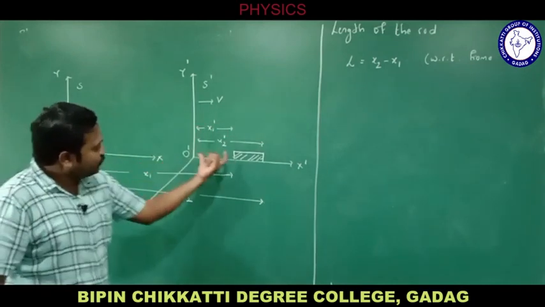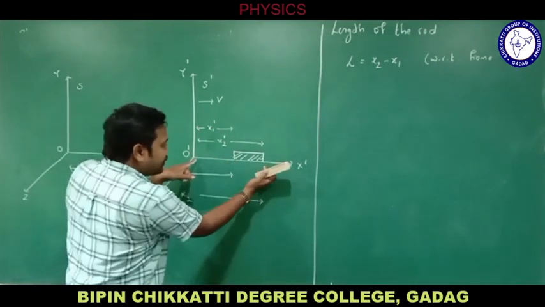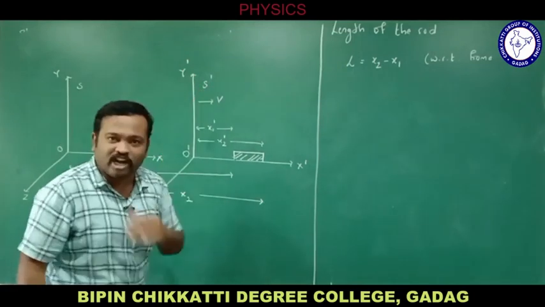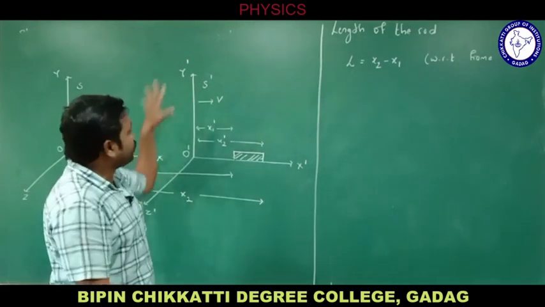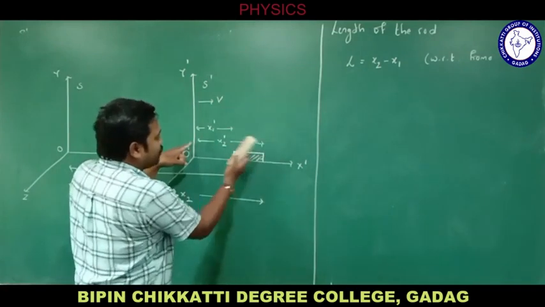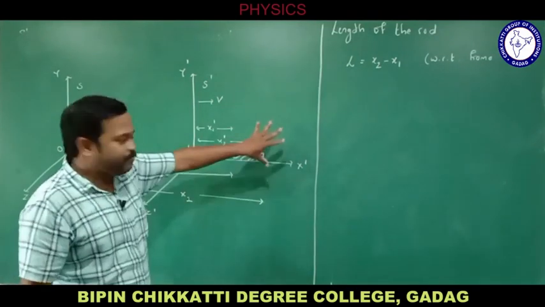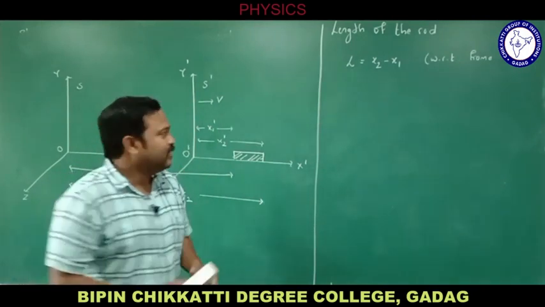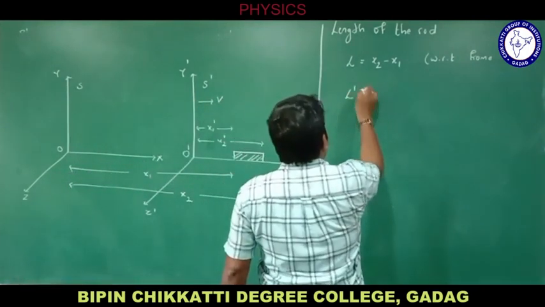So this is x1 dash and this is x2 dash. This I am considering with respect to frame S dash. What will be the length of the rod with respect to frame S dash? x2 dash minus x1 dash, right? Let me call that length L dash.